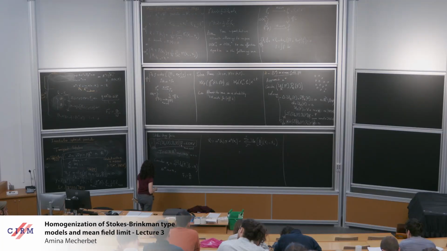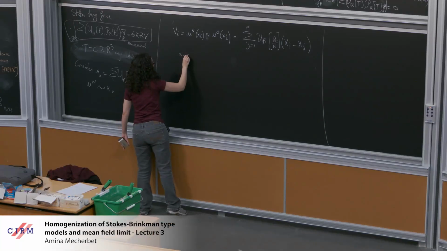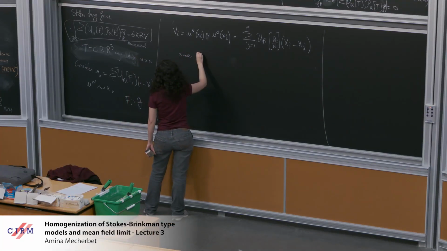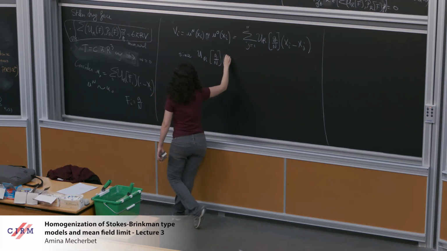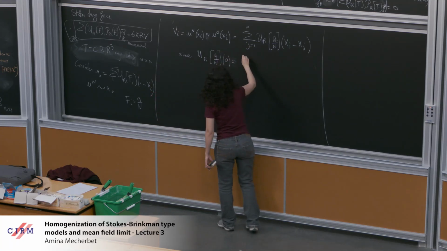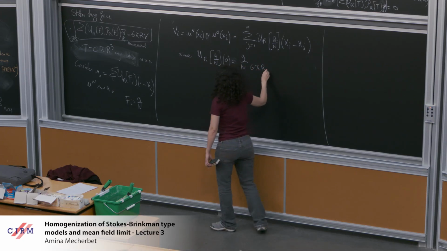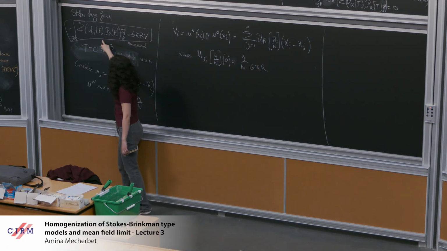So, how can I write this? UR is given by the force that you prescribe divided by 6πr, right? So the V is 1 over 6πr times the force that you prescribe.